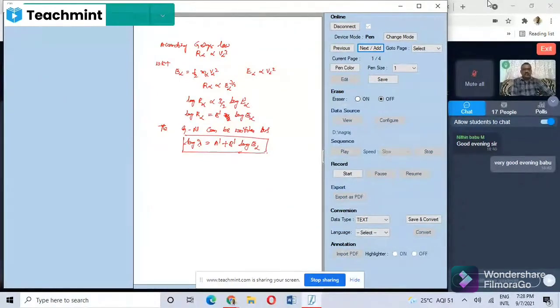So now we will move on to the very important thing, beta decay. We know the basic definition of beta decay. During a radioactive decay, the element's atomic number increases by 1 unit, and the mass number remains the same, with the emission of a particle called the beta particle.